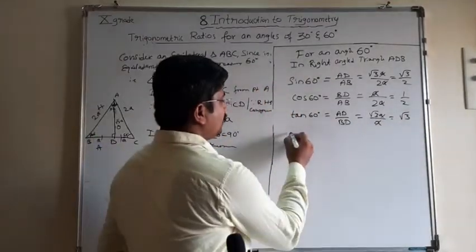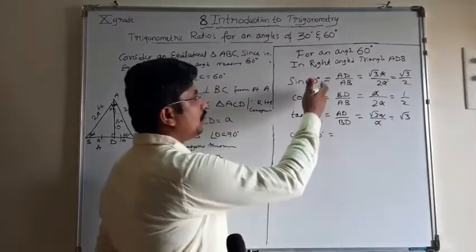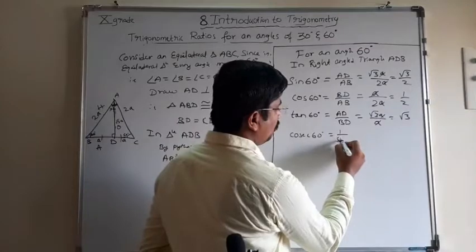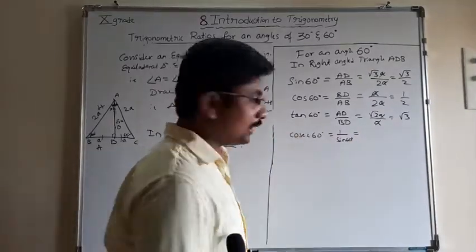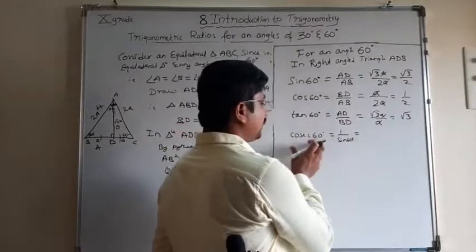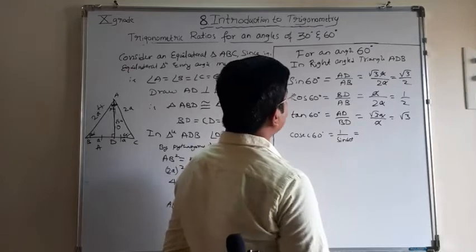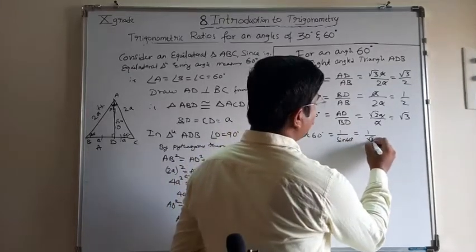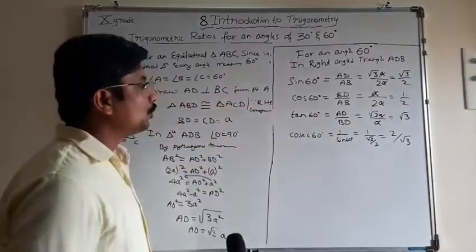Now cosec 60 degree is equal to 1 upon sin 60 degree, because the reciprocal of sin 60 degree is cosec 60 degree. So 1 divided by root 3 by 2, which is equal to 2 by root 3.